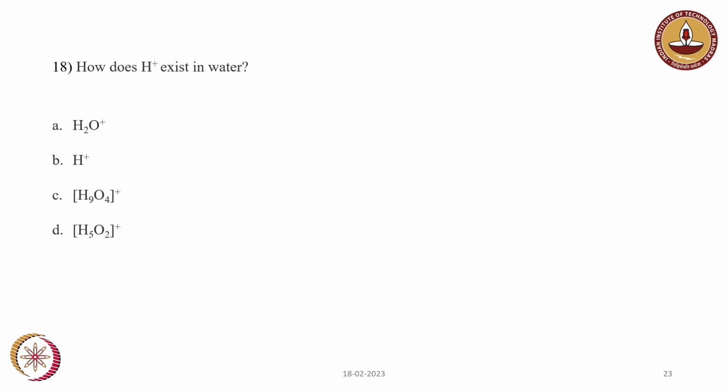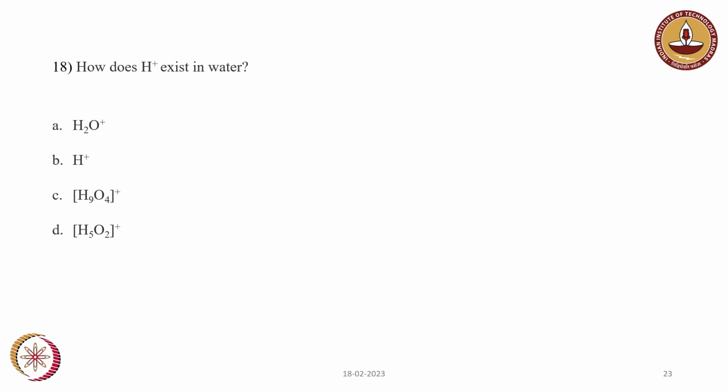And the next question is: how does H plus exist in water? Option A is H2O plus, B is H plus, C is H9O4 plus, and D is H5O2 plus. So H plus doesn't have an independent existence.